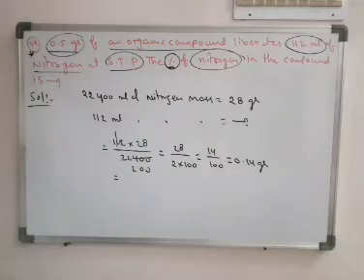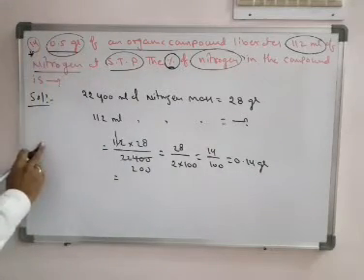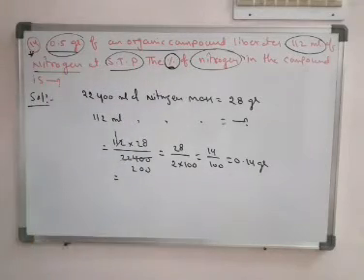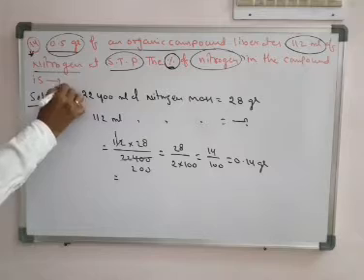So in the 0.5 grams of organic compound, 0.14 gram of nitrogen is present. Take this as step 1.